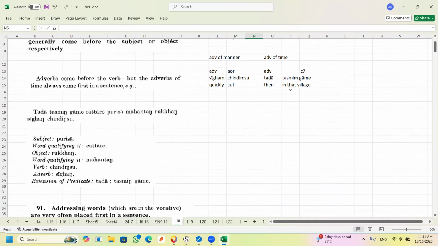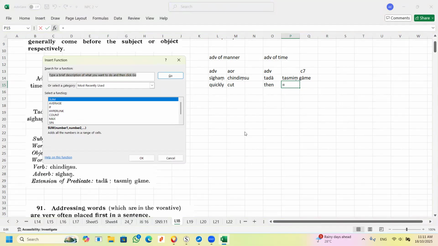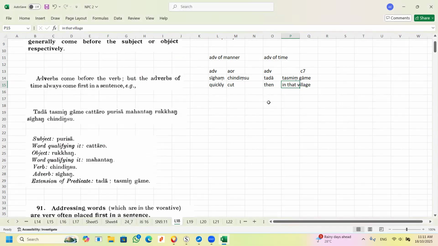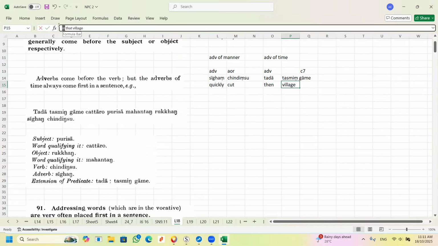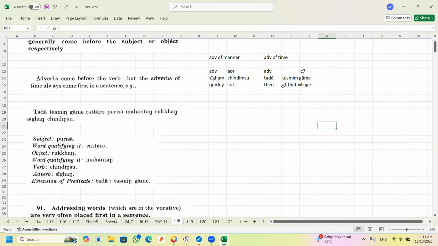Then, at that village, not just at, we put at that village. Can you see or not? Then at that village. This is the typical pattern. And then this is your subject, cattaro purisa, plural.